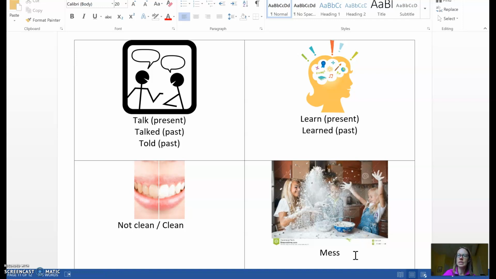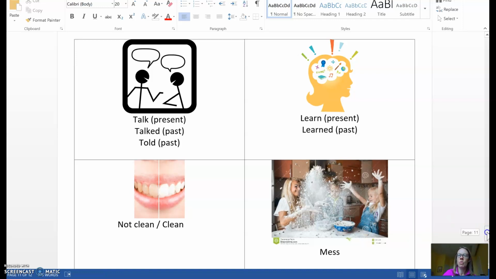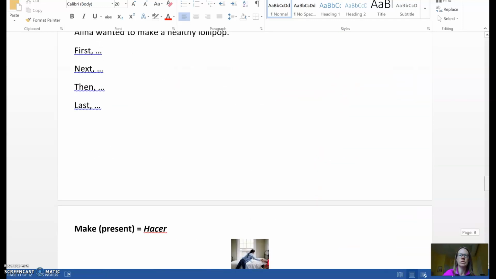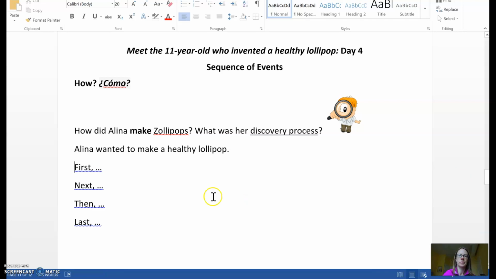Okay, now let's read. Remember, as we're reading, we're going to think about how did Alina make lollipops? We want to think what she did first, next, then last. Let's read together.